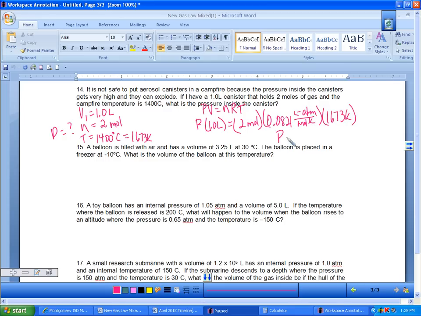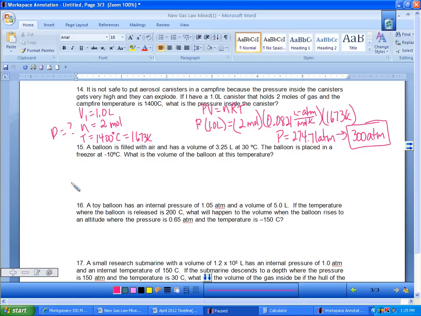So when I do all that math and divide by 1, I got my pressure to be 274.71 atmospheres, but I have to check my sig digs. I have 2, 1, okay, so I can't use that. I'm going to go with 300 because that's one significant digit.